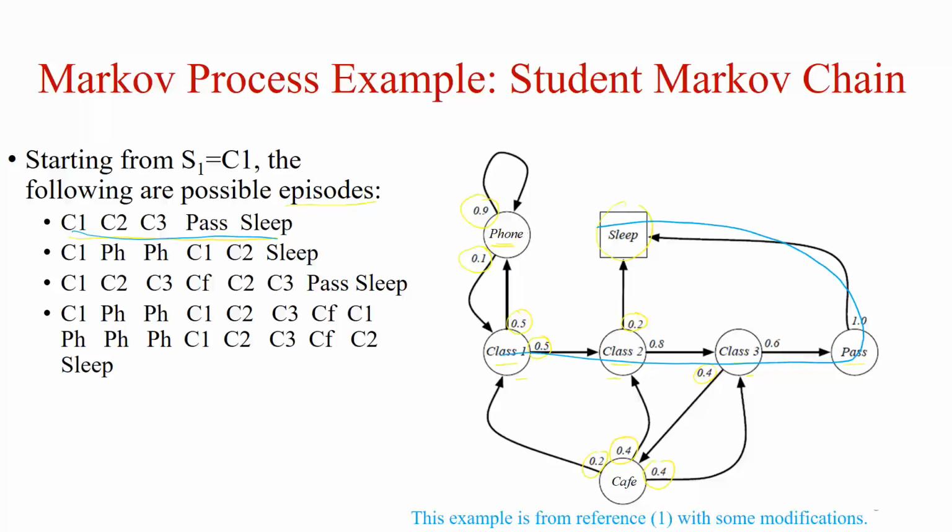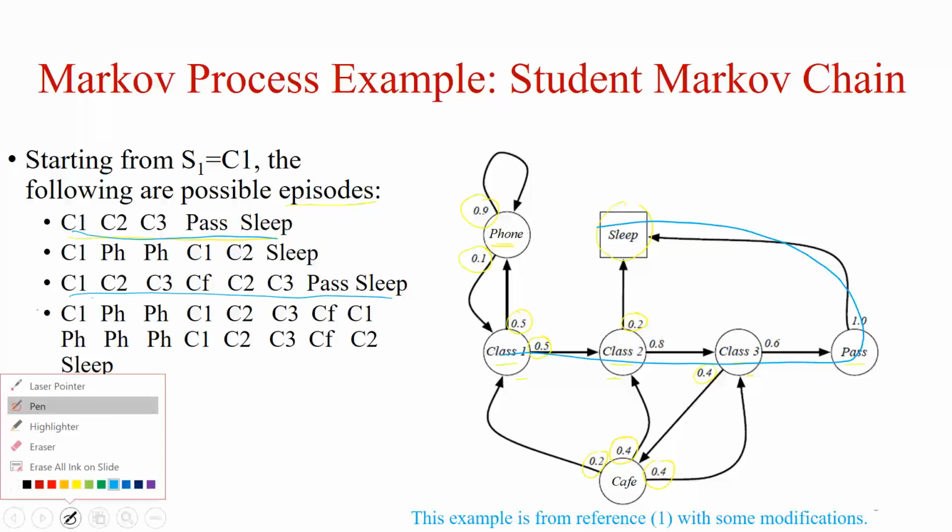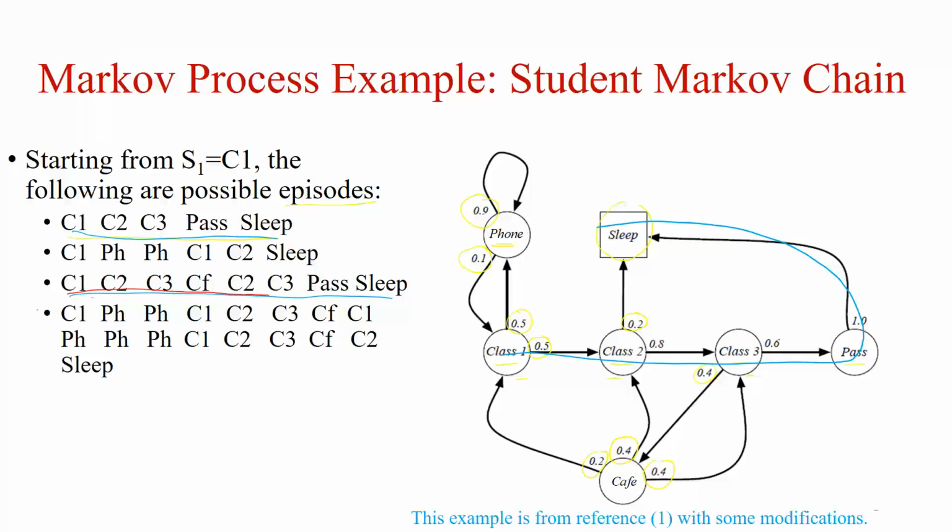We can have a different sequence: C1, C2, cafeteria, C1, C2, sleep. And for this one, let's use red: class 1, class 2, and then class 3. Then I go to the cafeteria, and then back to C2, C3, and then pass and go to sleep. So this is another sequence.